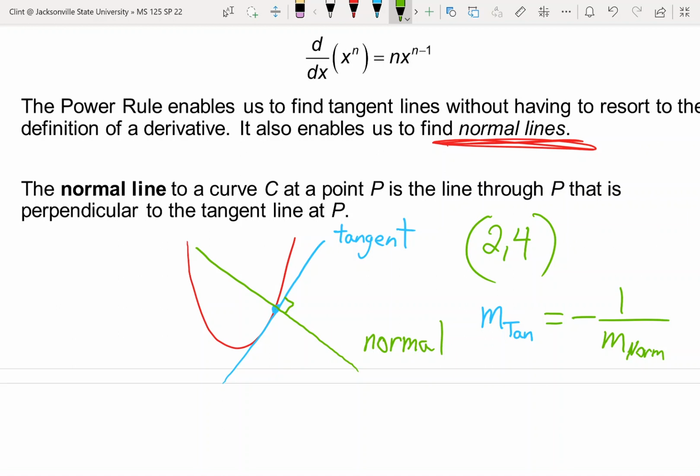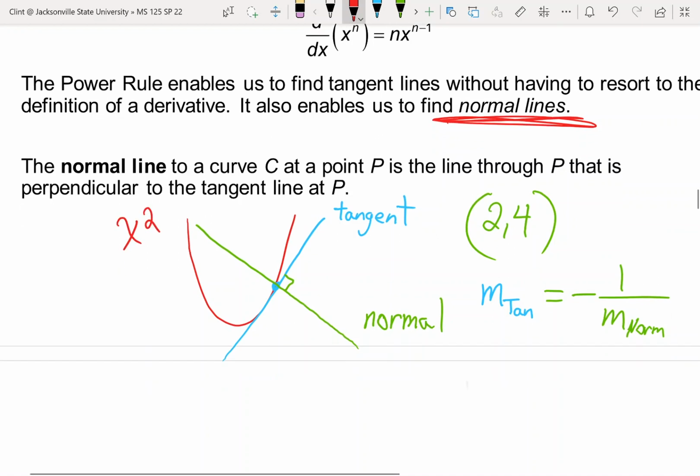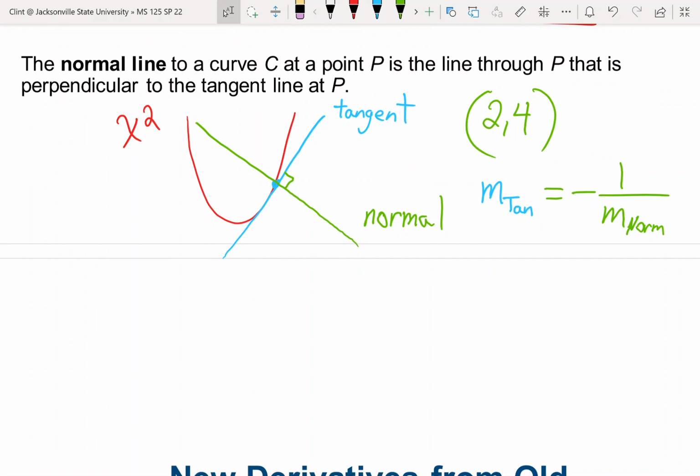So let's think about that. We'll call our function x squared here. And now that we know the power rule, it's easy to do the tangent line, okay? Because the slope of our tangent line, our formula, is going to be 2x.